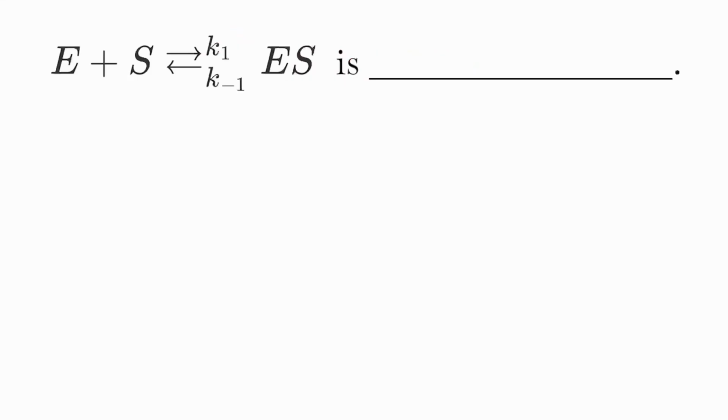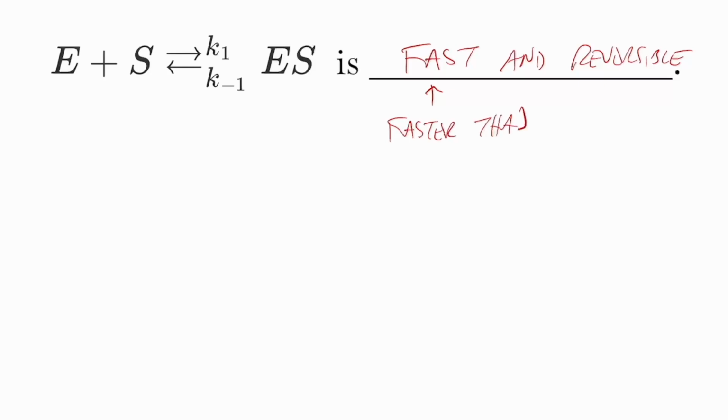The second assumption is that enzyme plus substrate, this first reaction, is fast and reversible. So the last reaction is an irreversible process, and this is a fast reversible process. By fast, I mean faster than kcat. So kcat is relatively slow. This is relatively fast.